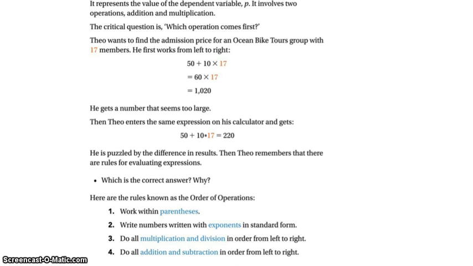Basically what you want to get down is that we have parentheses, which really is not a good term. We want to refer to these as grouping symbols, okay? Because we will also come in contact with brackets. We can have lots of different ways of grouping. We can have grouping symbols within grouping symbols, in inner and outer parentheses. We have exponents. Those come next. We do all multiplication and division in order.